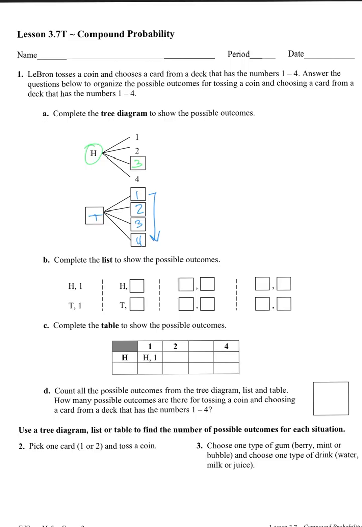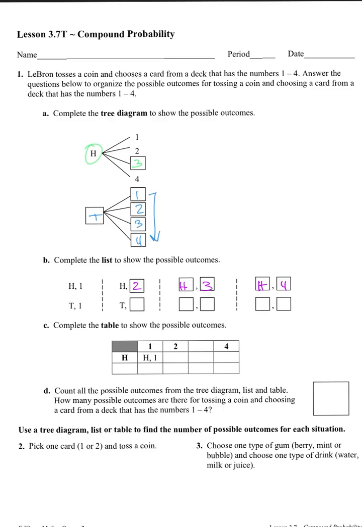So part B says, complete the list, okay, to show the possible outcomes. So another way you can do this is to write a list. So heads 1. What's the other possibility? Heads 2. And I'm going to go across. Heads, what's another possibility? Heads 3. And the other one, heads 4. Where the first letter, H, stands for heads.